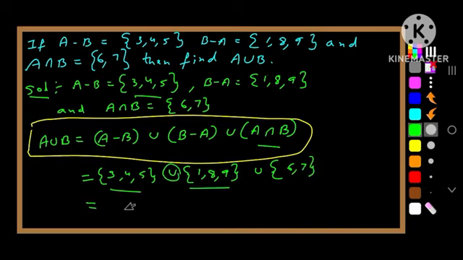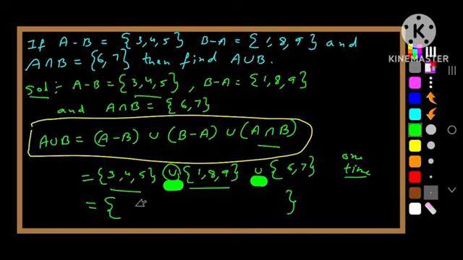Here you have to remember that you are having union. In union, you have to write all the elements which are coming one time. You can see the elements are 3, 4, 5, 1, 8, 9, 6 and 7.